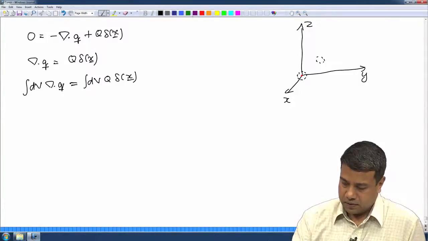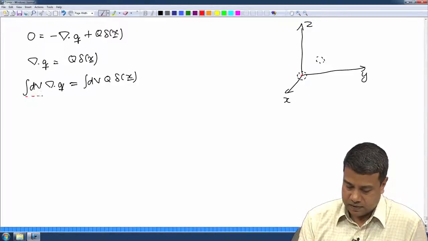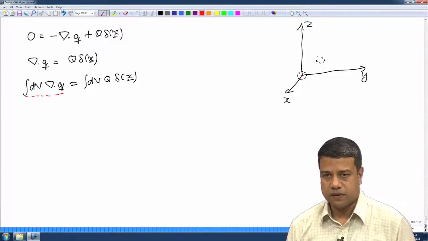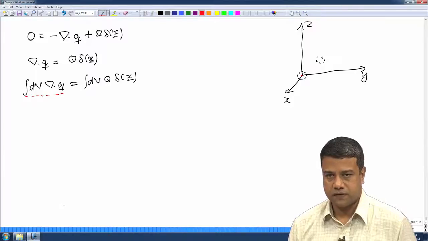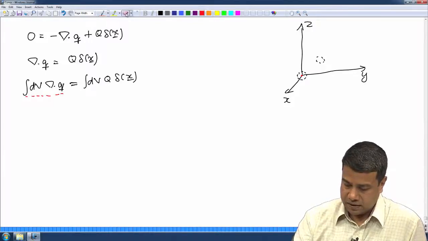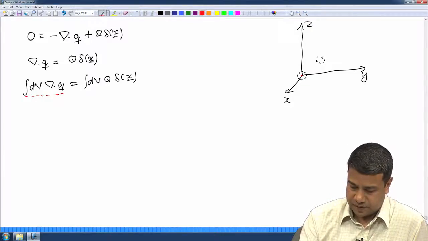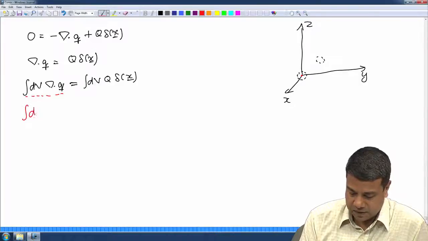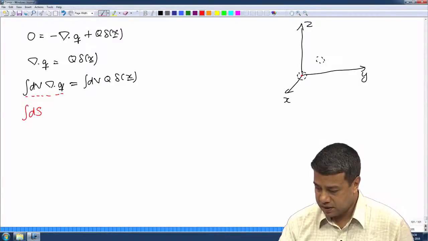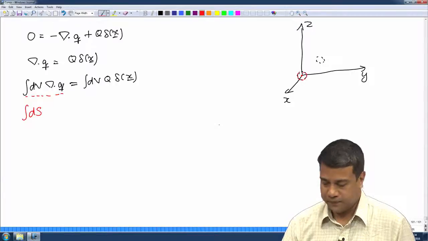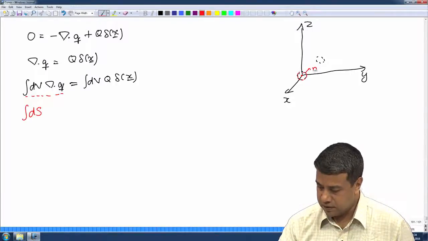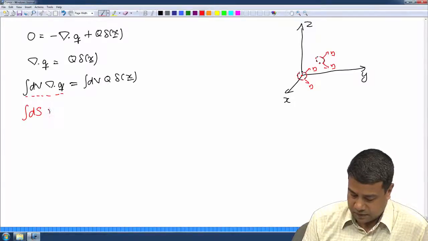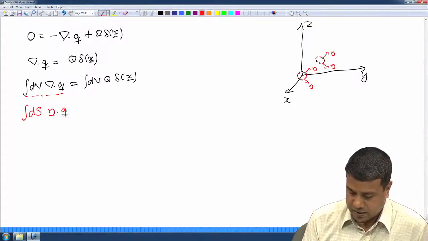Now, I will go to a slightly more advanced concept here, something that you must be knowing. I will just write it for you anyway. This integral, by the divergence theorem, can be written as the integral over the surface of that volume of the unit normal, the outward perpendicular at each location, times q.